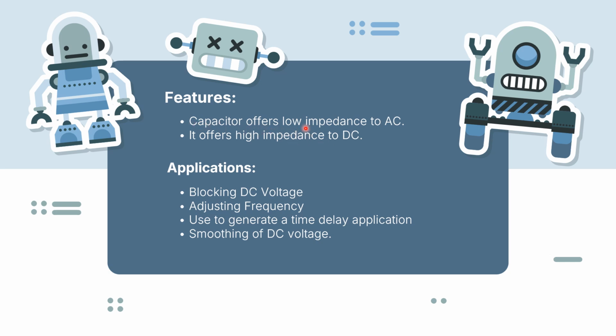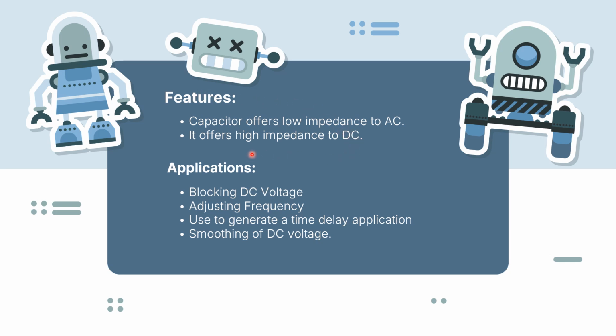capacitors show low impedance. Impedance means kind of, we can now say it as a resistance, but it's a combination of frequency. But don't worry about that, we are not going to go into the details of that. I just want to mention what the features of the capacitor are.